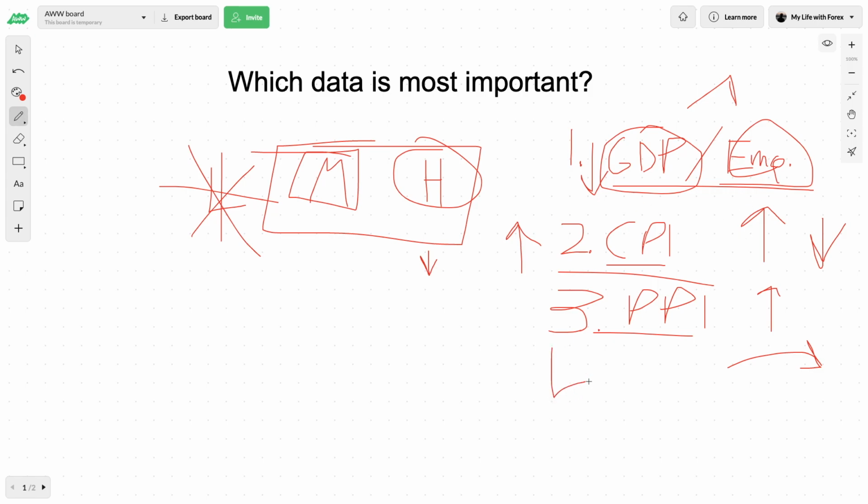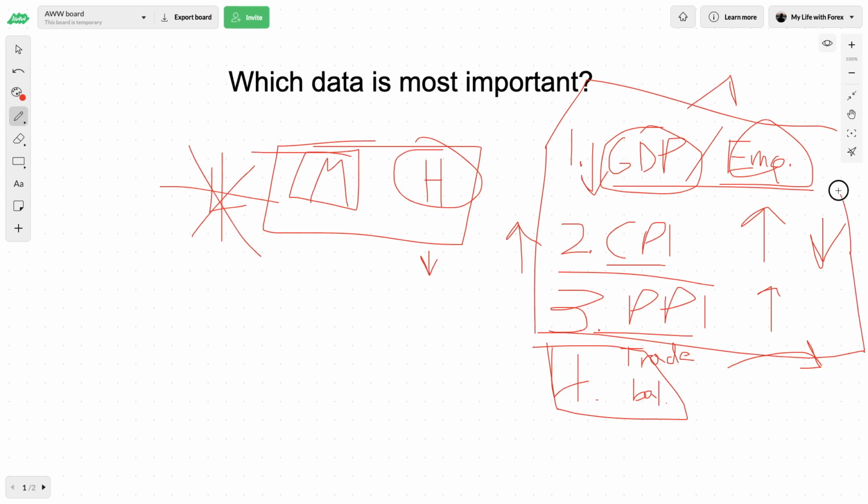And then lastly, number four, let's see if I can actually draw this out, trade balances. I'm just going to put trade balance. So import and export data, right? It'll tell you how much a country's imported versus how much a country exported. That also gives you sort of a sign of how they're doing in the global economy. But it is last place for a reason. It's not quite as important as these ones.